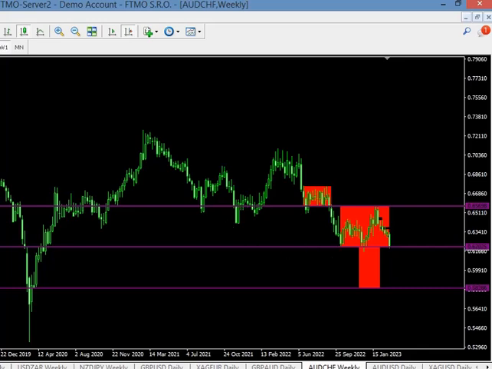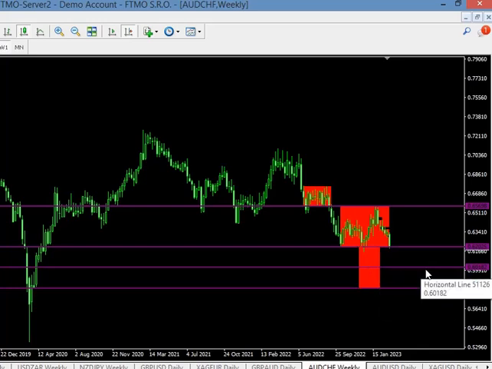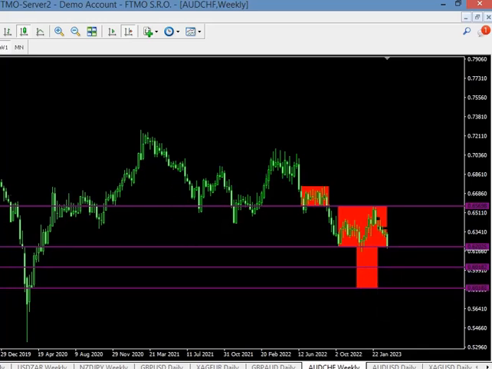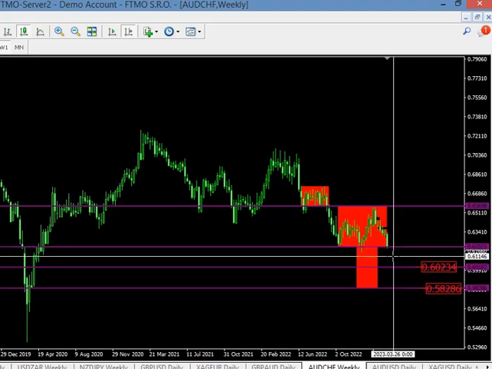So our target should be, our first take profit should be at 0.60234. Our second profit target should be at 0.5826. Clearly, how do we enter this market?